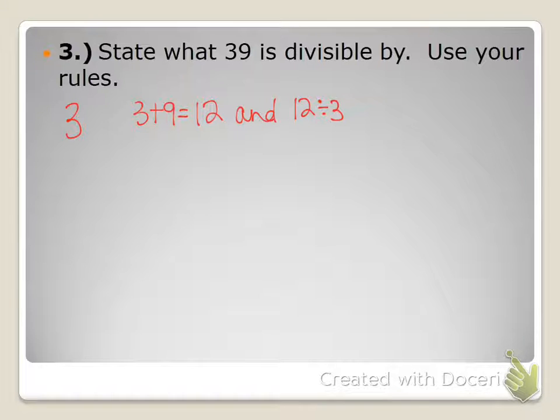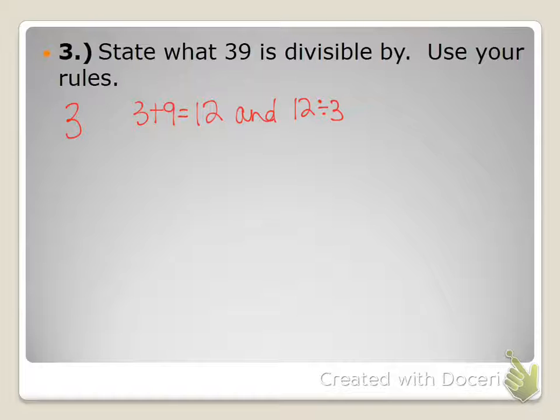Okay, now 7 there isn't a rule for, but this is not divisible by 7. Will it be divisible by 8? No, a number like this, there aren't even 3 digits to check, but you should know that 39 is not one of our multiples of 8. Next one, 9, is it divisible by 9?